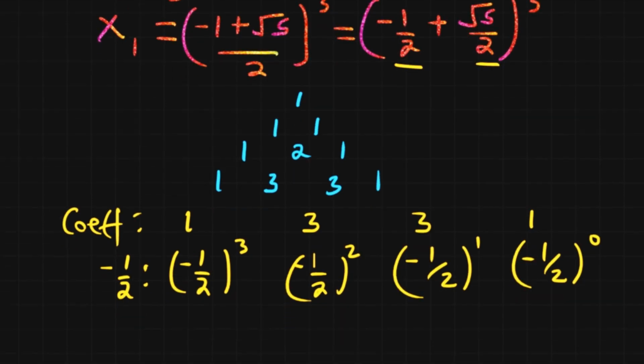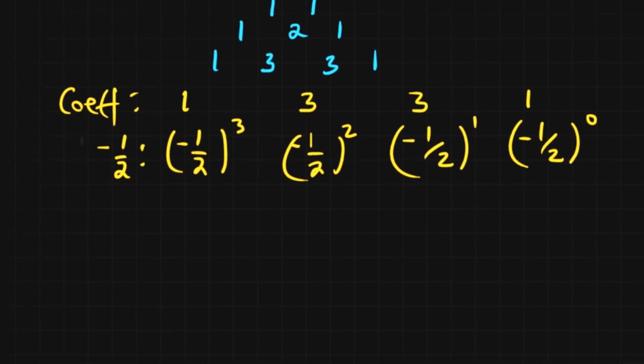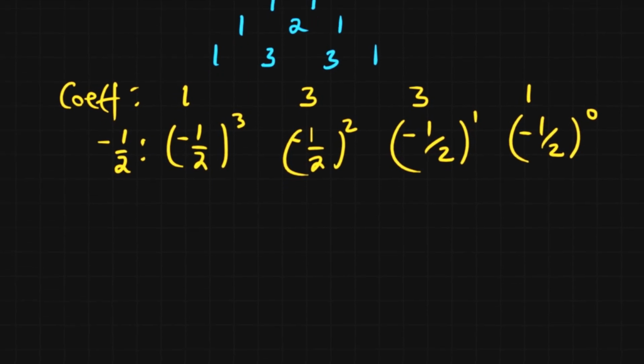So we can simplify this. When we simplify this, this will be minus 1 over 8. This will be 1 over 4. This will be minus 1 over 2, but this will be 1.